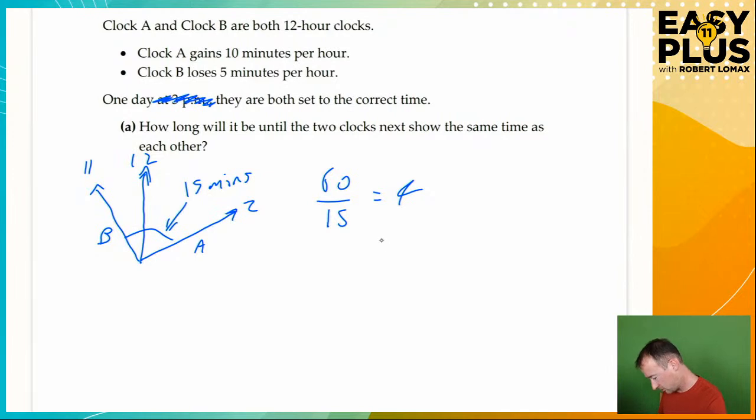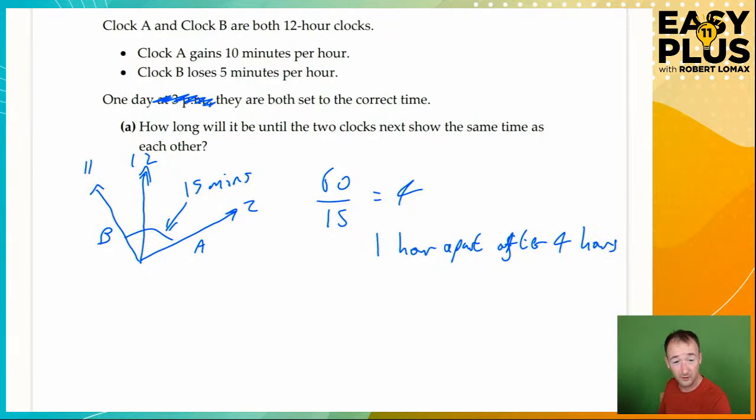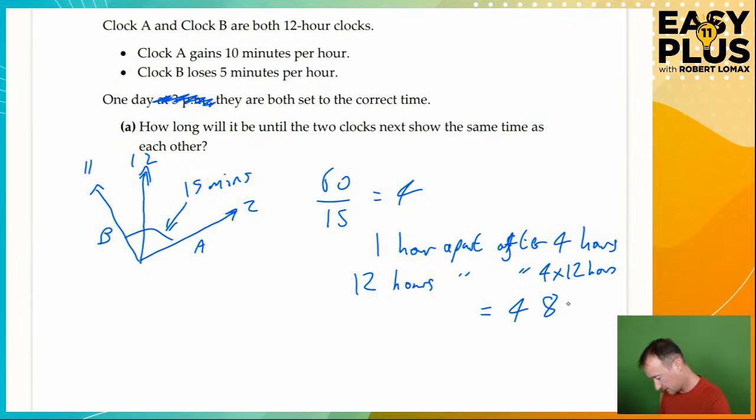So they're 1 hour apart after 4 hours, because that's 4 lots of 15 minutes apart. So to be 12 hours apart, it takes 4 times 12 hours, which is 4 times 12 equals 48. So the answer is that they will show the same time after 48 hours.